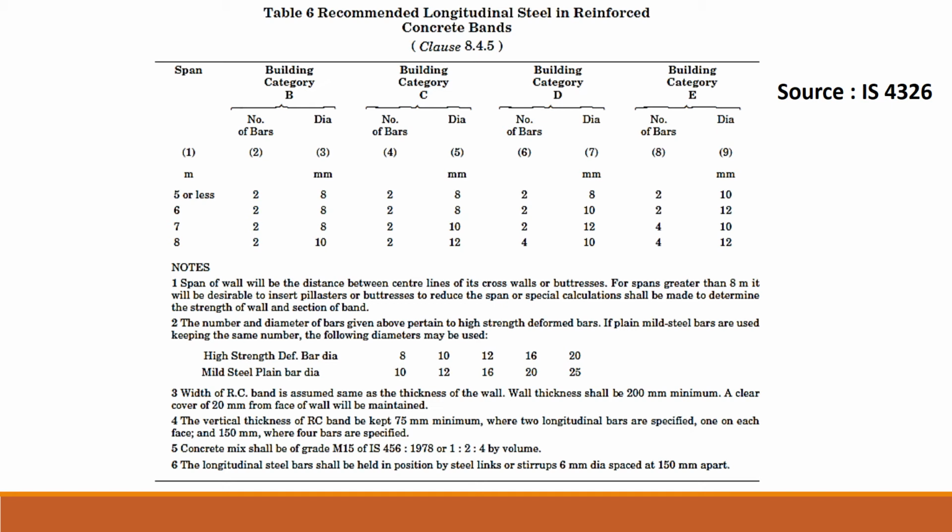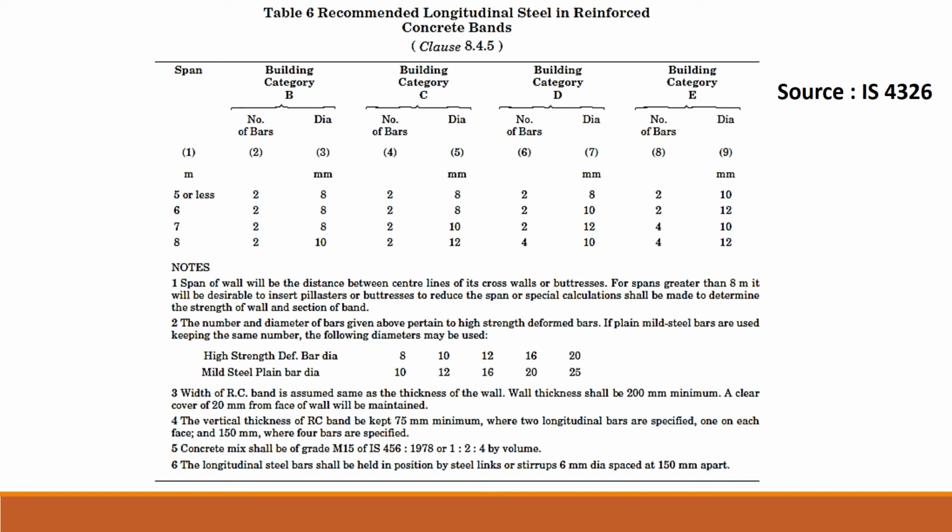For example, if the wall is say 230 mm, it should be provided over the full width of 230 mm, and the thickness of the band should not be less than 75 mm in depth, and it should be well reinforced with steel. Now how it should be reinforced with steel, that's given in the table.